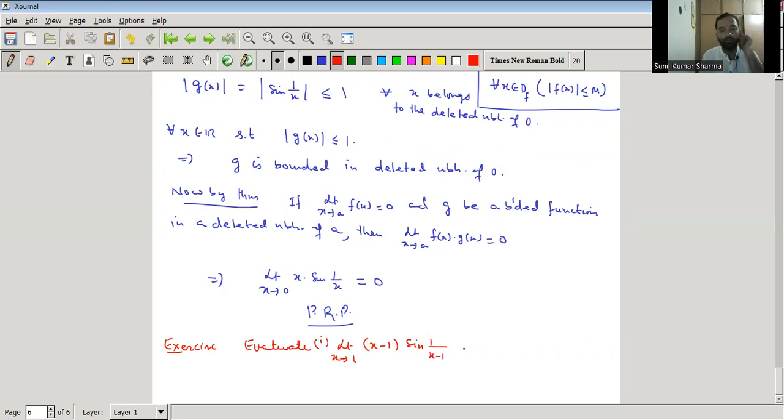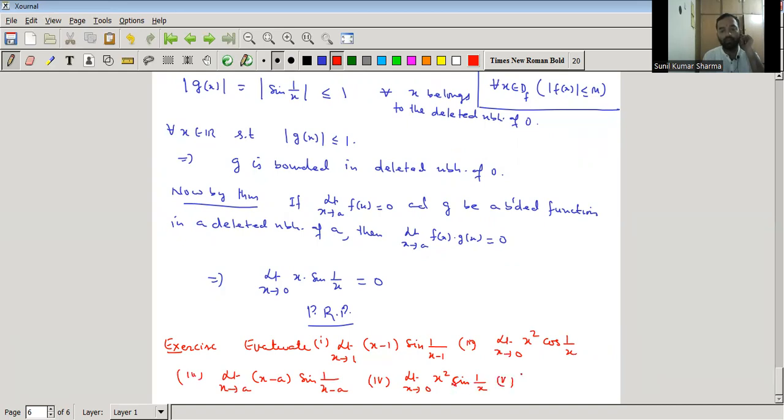This is the first part. Second, limit x goes to 0 of x square cos 1 upon x. Third, limit x goes to a of x minus a into sine 1 upon x minus a. Fourth, limit x goes to 0 of x square into sine 1 upon x.